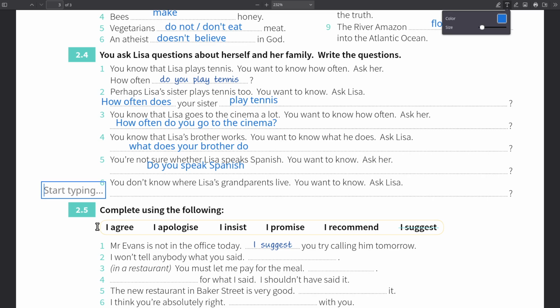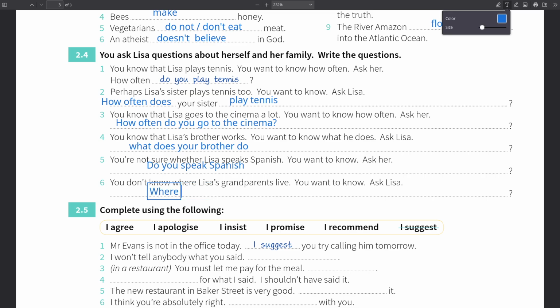Yes or no. The next one, you don't know where Lisa's grandparents live. So you want to ask Lisa. In that case, we're interested to know a place. In this case, where Lisa's grandparents live. So we're going to use when.